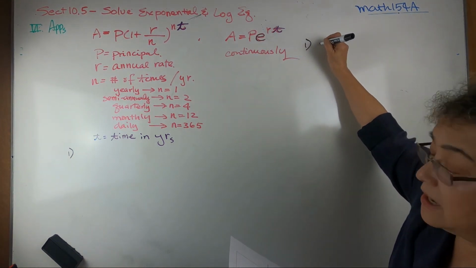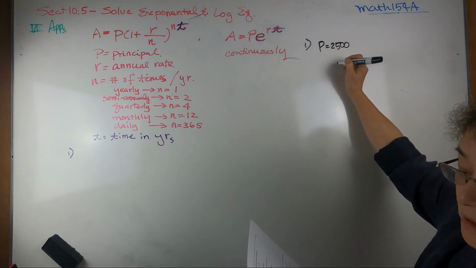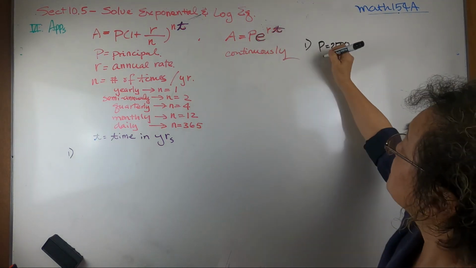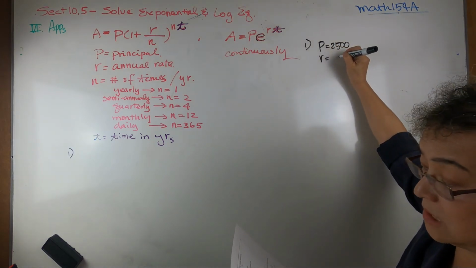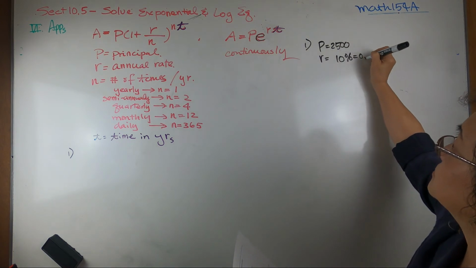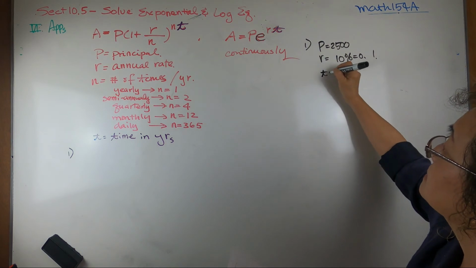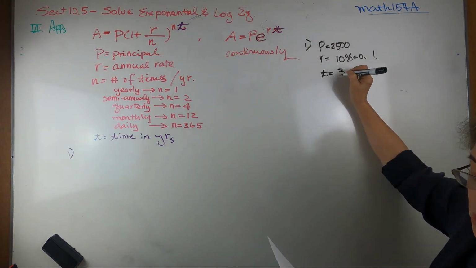So what should we have? P is what? 2,500. Then R, your annual rate, is what? 10%. Then we use the decimal. Okay? Then T is what? After 3 years.